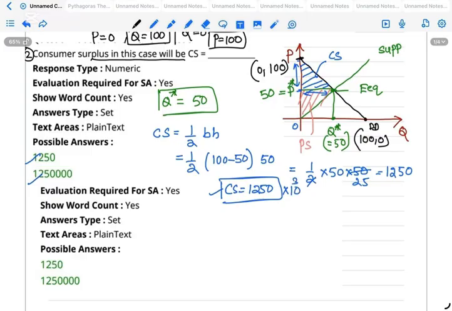This is also correct. So PS equals this area, the same half base times height, that is half times 50 times 50, the same value, 1250. So in this light peach colored triangle, this value is 50 and this value is also 50.